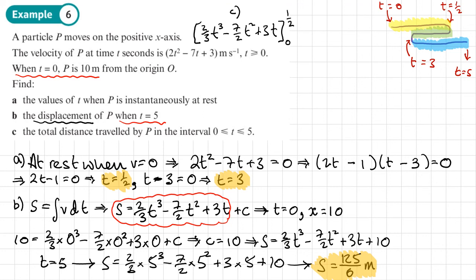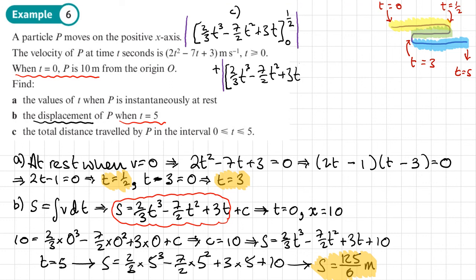Okay, now just to be safe, I'm going to put modulus signs around these because I only want positives. I want to add the positives, because I'm guessing that when I work out this part here, I'm going to get a negative displacement, but I want to make sure that I add it on. I want a distance, so this plus this plus this. So around each part I'm going to put a modulus. Plus, the modulus of, making sure I get a positive, 2/3 t cubed minus 7 over 2 t squared plus 3t.